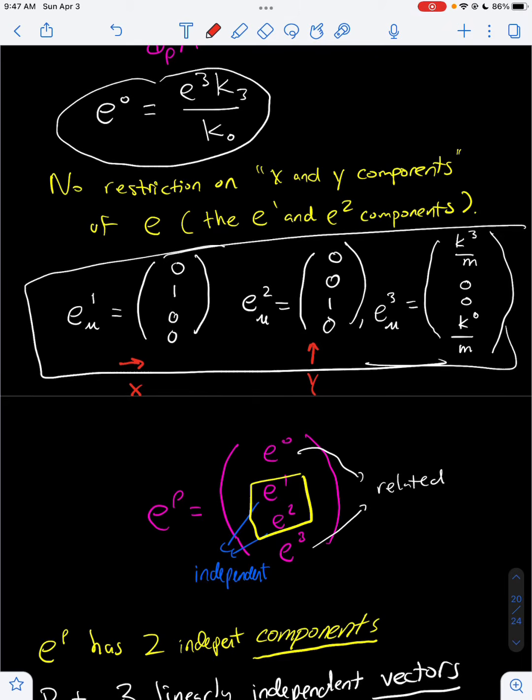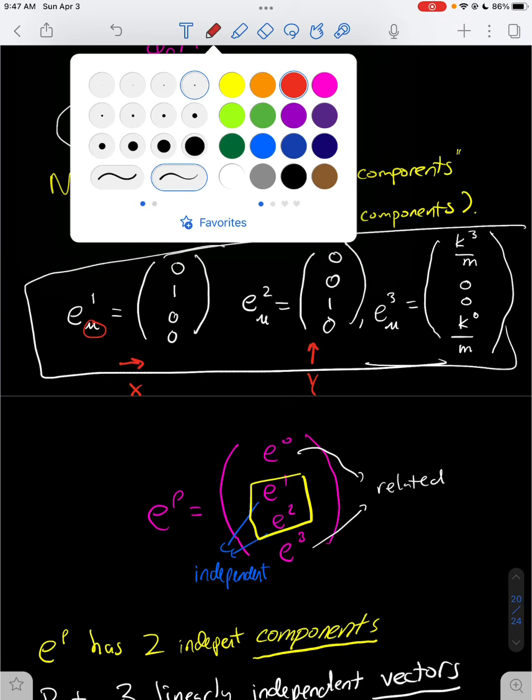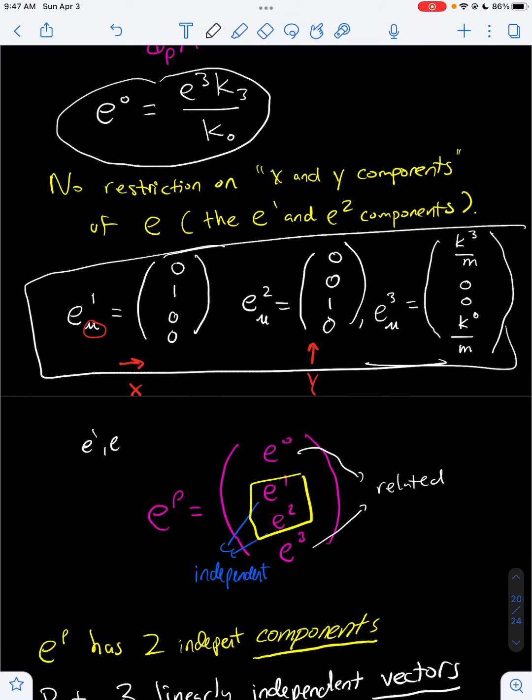So you might wonder why we have this mu component here. The reason I put this mu is to distinguish the different vectors from the different vector components. We can have the E0, E1, E2, and E3 components, but these are not their own vectors. These are all components of a larger vector. So the mu is to make it less ambiguous.